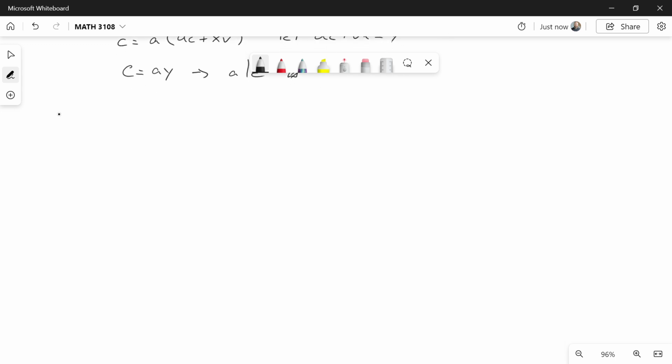So this is exercise 4. We're given that the greatest common divisor of a and b is equal to 1, that a divides c, and that b divides c.